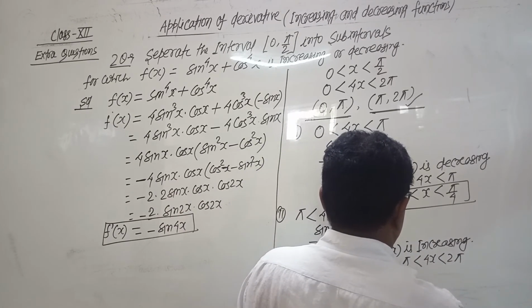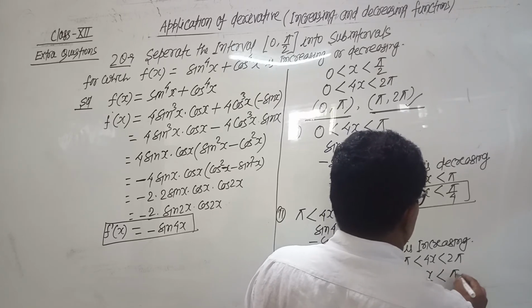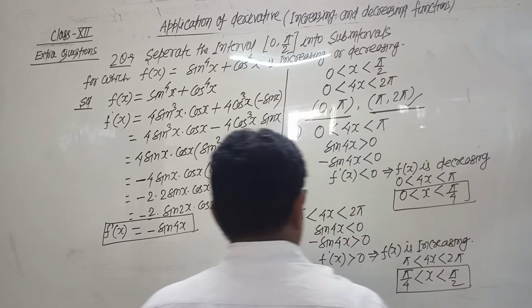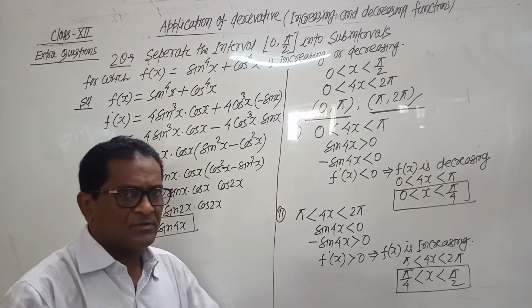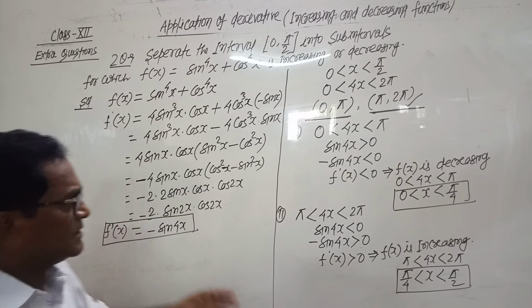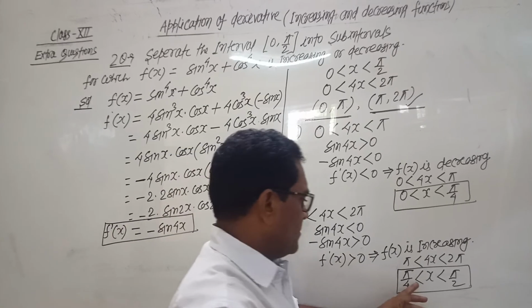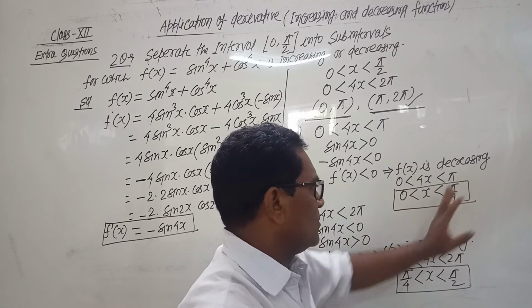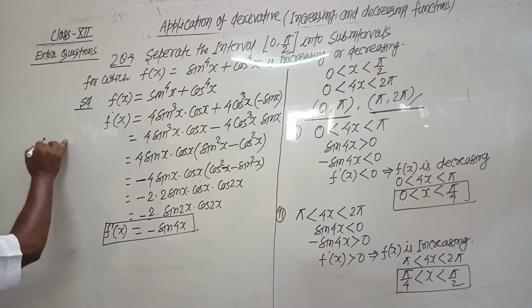It gives pi by 4 is less than x is less than pi by 2. When x lies from pi by 4 to pi by 2, then the function is increasing, and when x lies from 0 to pi by 4, then this function is decreasing. So the function is increasing from pi by 4 to pi by 2, and decreasing from 0 to pi by 4. So finally we write the result.